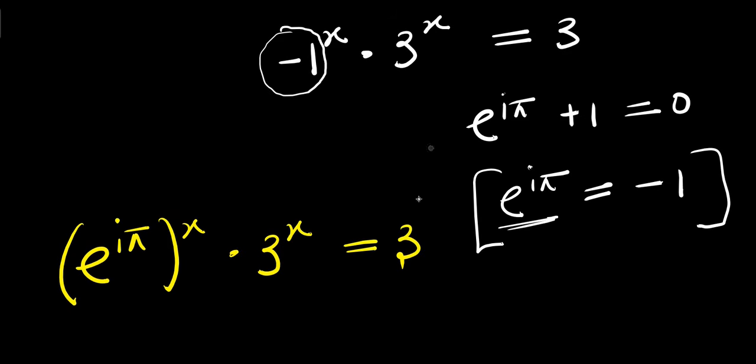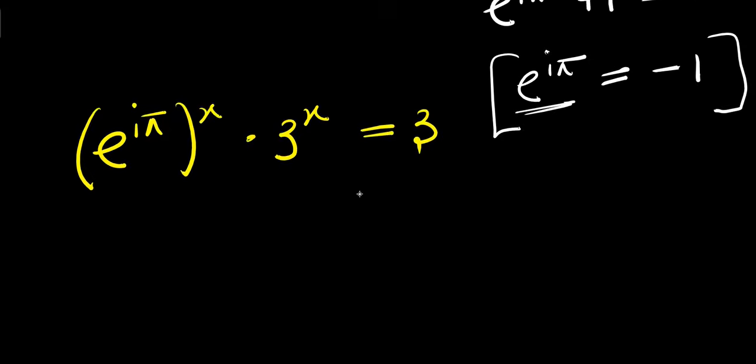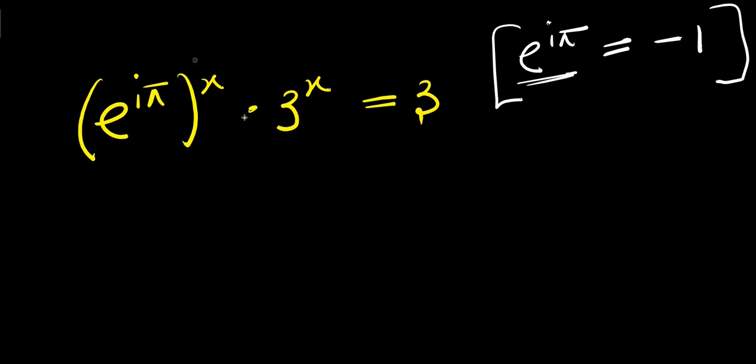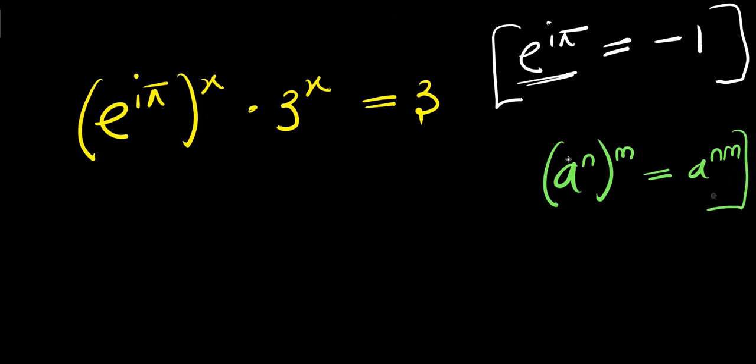equals 3. So right now, we can apply this identity. If you have (a^n)^m equals a^(n times m), so we multiply this exponent out.